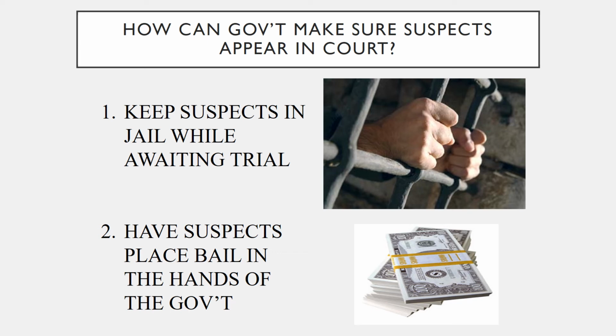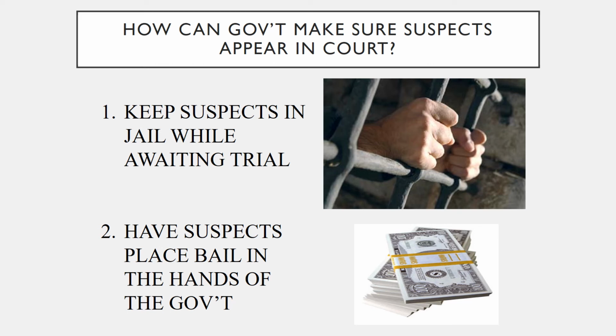And so one way to make sure they show up in court is to just keep them in jail. And this is where the excessive bail and fines idea comes in. Sometimes people can't post bail, they can't come up with the money, and so they are stuck in jail until their court date, which will not usually be too far down the road, but that's one way to make sure they show up for their court date.